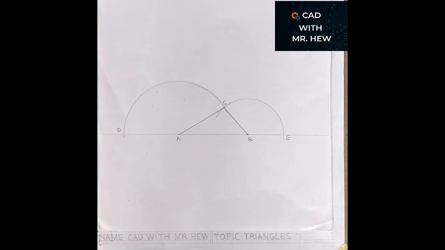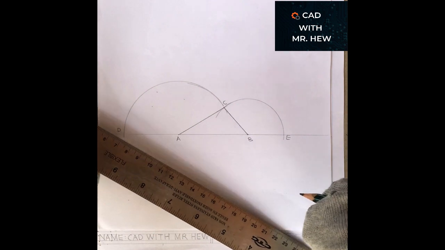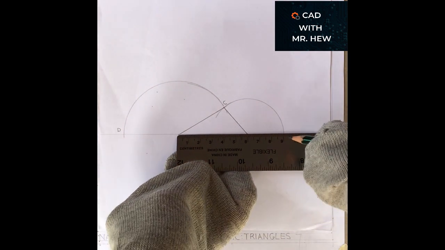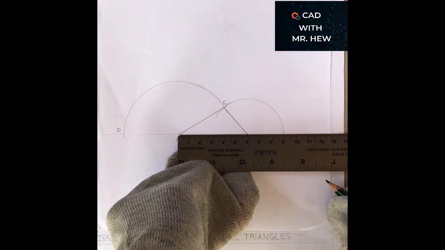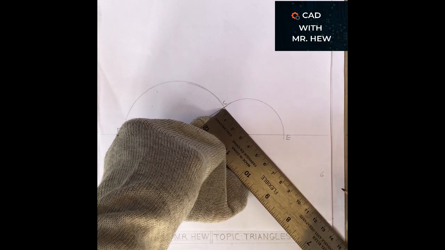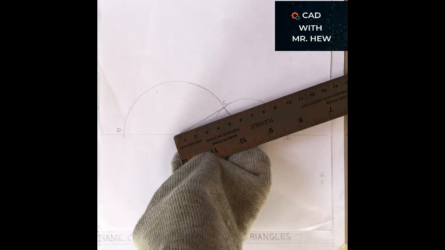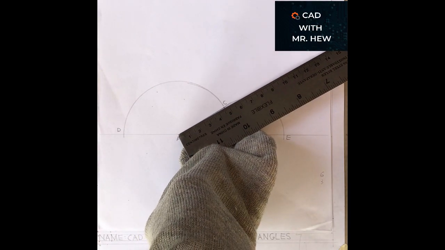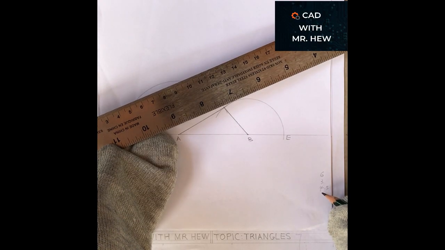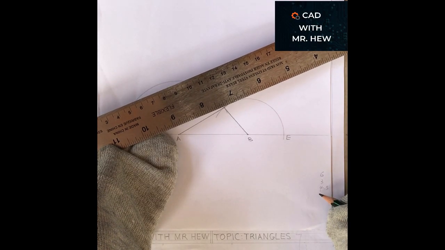Now, what we're going to do now is to measure the length of the sides so that we can determine what would be a good perimeter. All right, so we have 6 centimeters, 3 centimeters, and 4.5 centimeters.